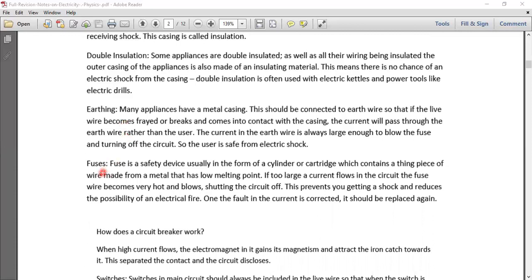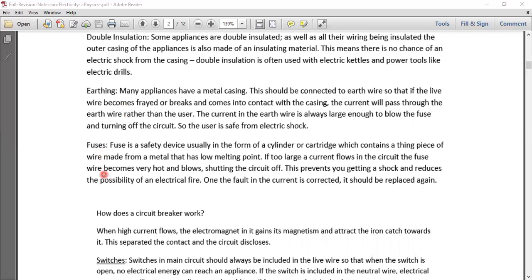And then what are fuses? What is the use of a fuse? This is also a safety device. A fuse is usually in the form of a cylinder or cartridge, which contains a thin piece of wire made from metal that has a low melting point.